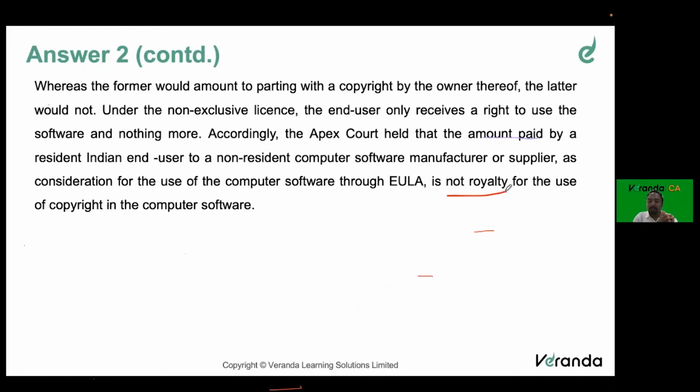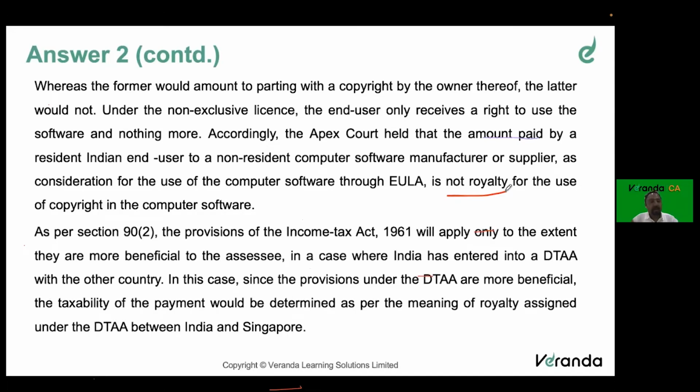Whatever is provided is only the right to use and not the right to reproduce. Whatever the DTAA provides is about the right to reproduce, not about the right to use. So that's what they said, and they said it cannot be considered as a royalty under the DTAA.